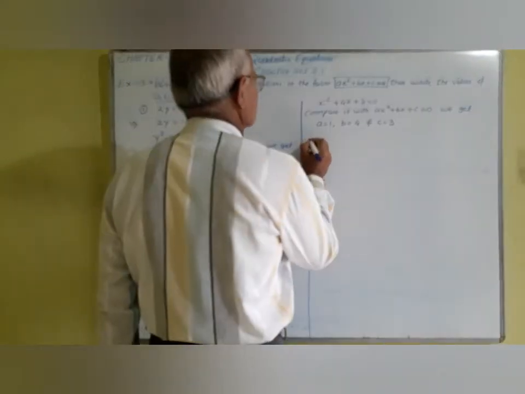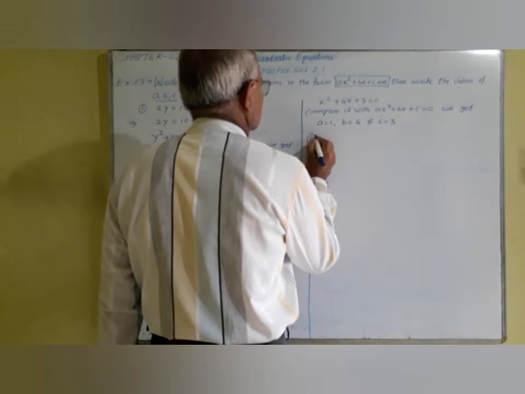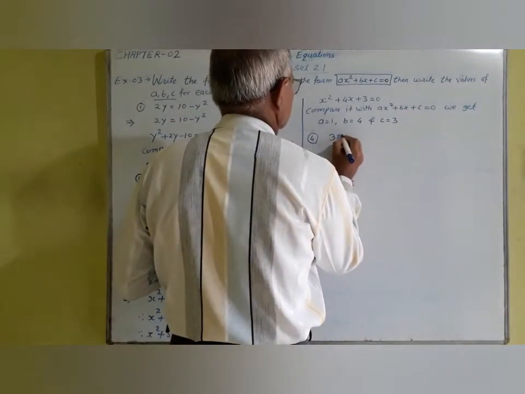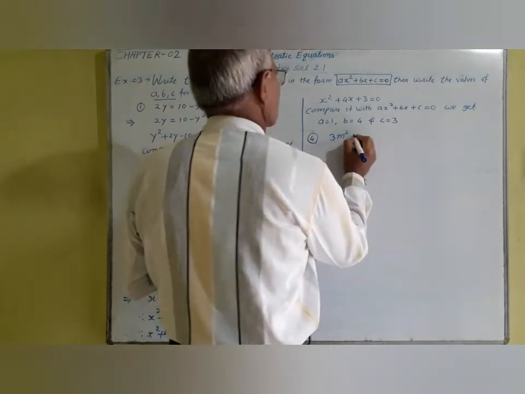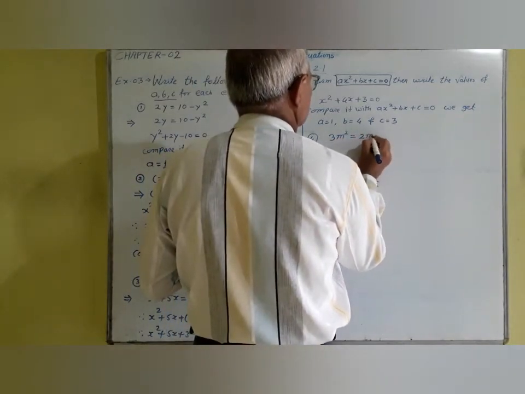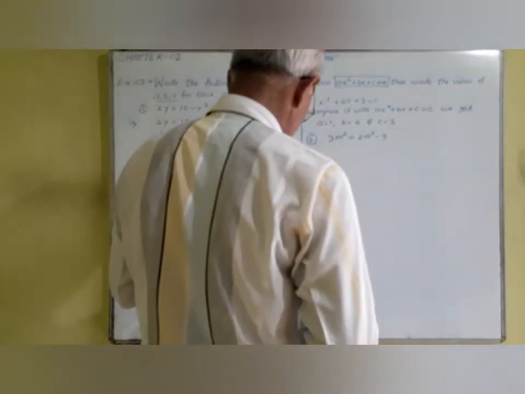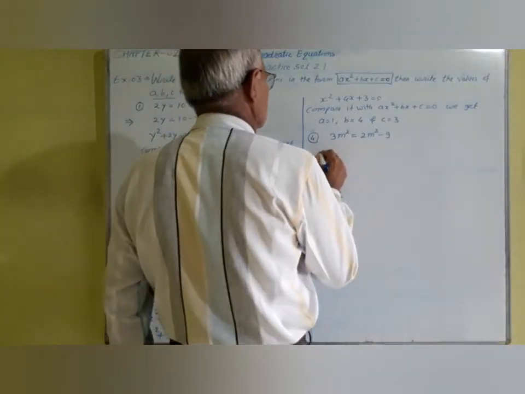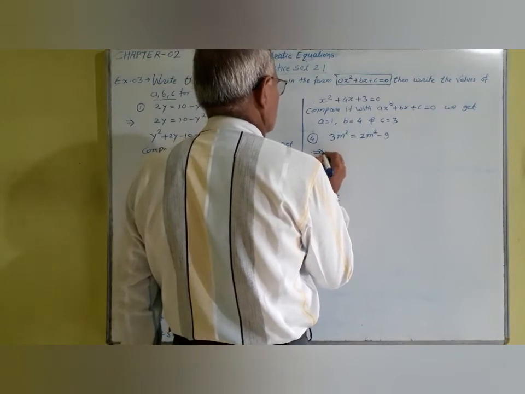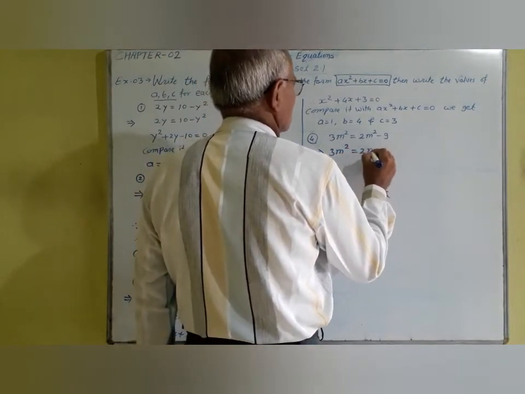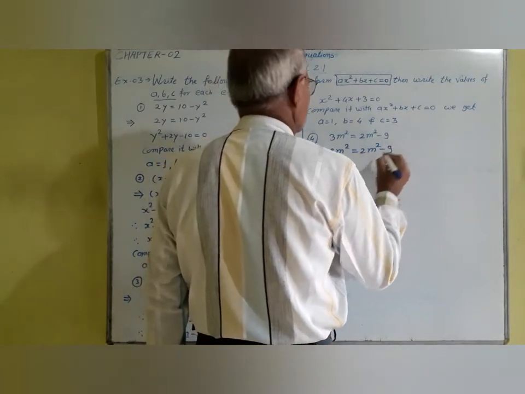Example number 4. 3m square is equal to 2m square minus 9. First of all, we write the given equation. 3m square is equal to 2m square minus 9.